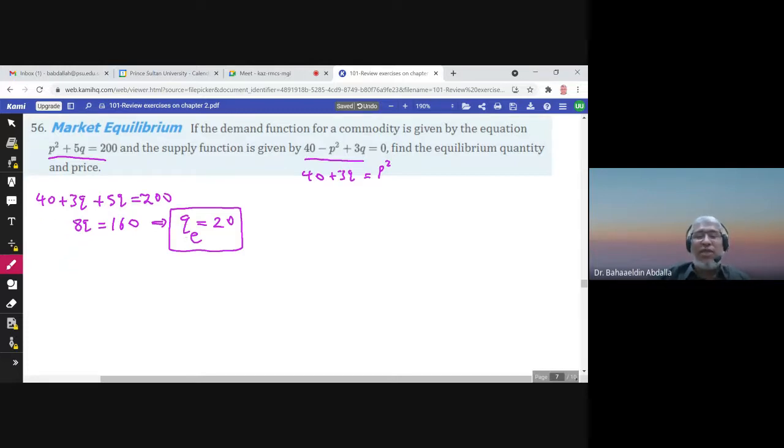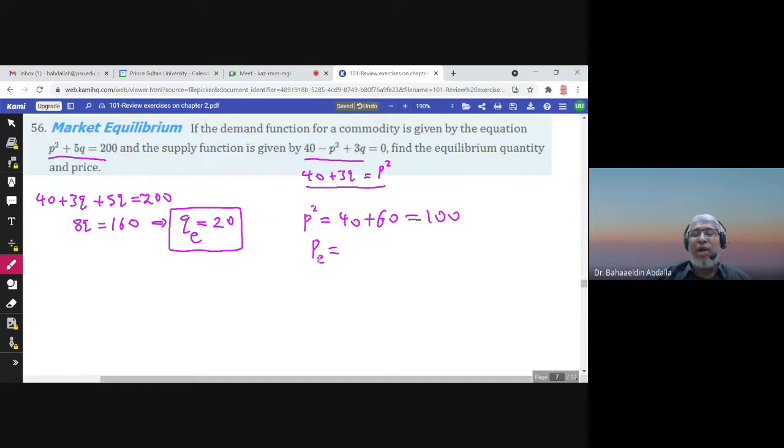Now, how to find the equilibrium price? I can use this equation. So P² would be 40 plus 3 times 20, which is 60. So P² is 100. So P would be plus or minus the square root of 100, which is 10. But negative 10 is not a possible price.